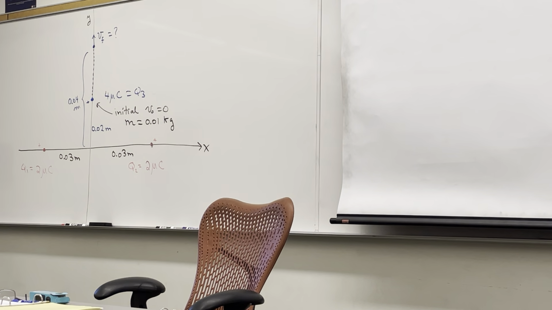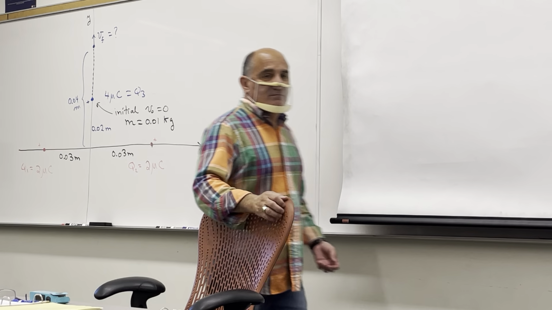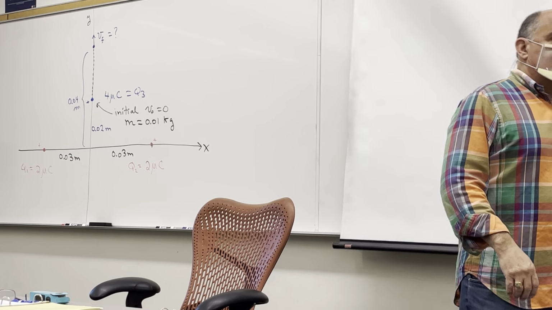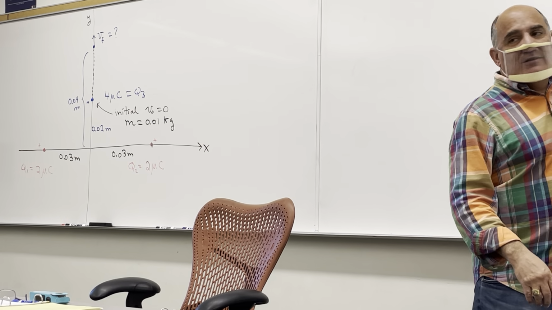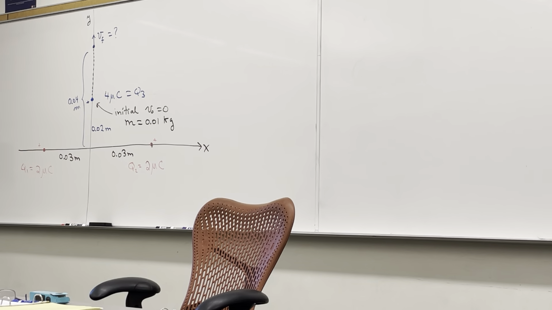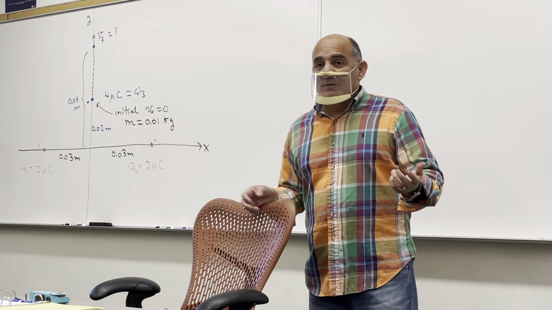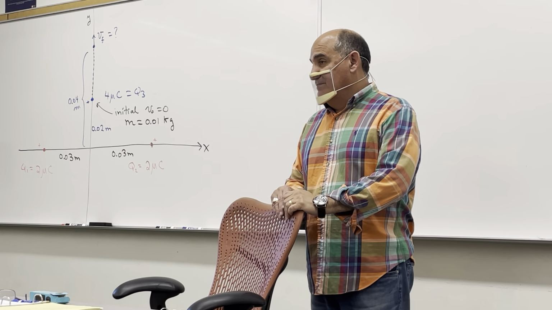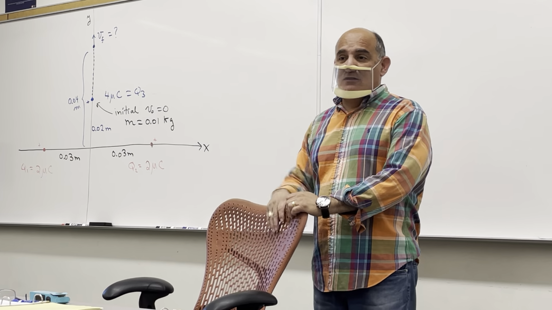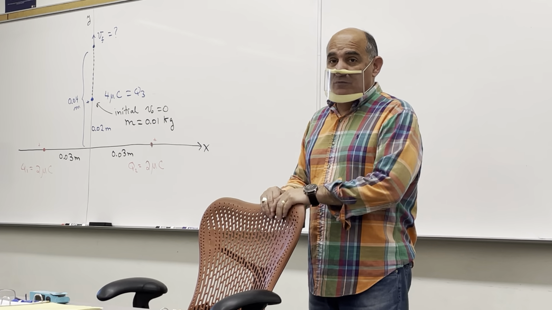So this calls for what? What should I use to solve this problem? The work energy theorem, conservation of energy. The only force is electrical, which is a conservative force.